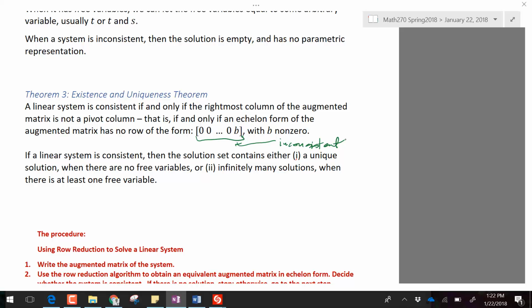That means it has no free variables. Or it's the exact same line, consistent, and back in algebra we also called it dependent because it was the same line. But that means we also have a free variable to represent every single point on this line, an infinite number of solutions. Or they're parallel, which means inconsistent, there's no solution, these 2 lines don't intersect.